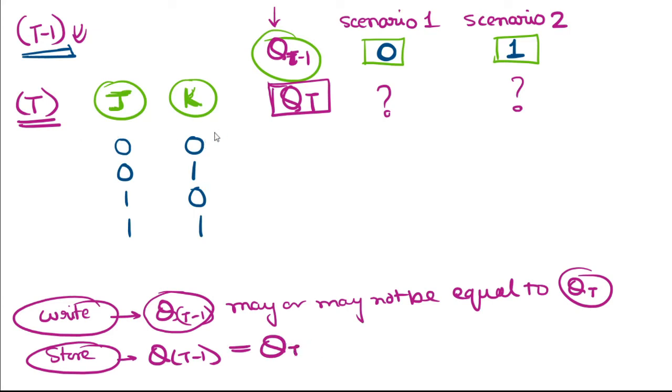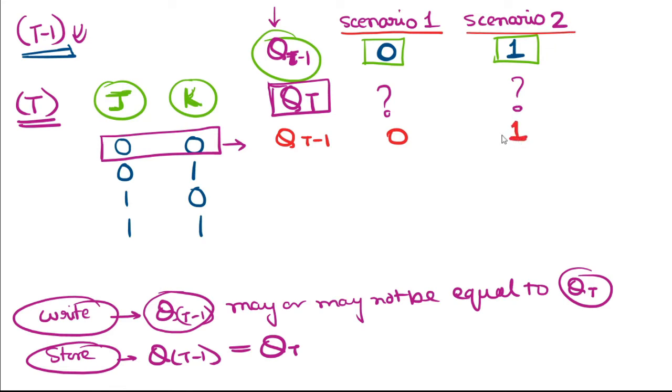So if j equal to 0 and k equal to 0, this is the scenario where the value will be the same as qt minus 1. This means that if qt minus 1 was 0, then qt will also be 0. Similarly, if qt minus 1 was 1, then qt will also be 1.